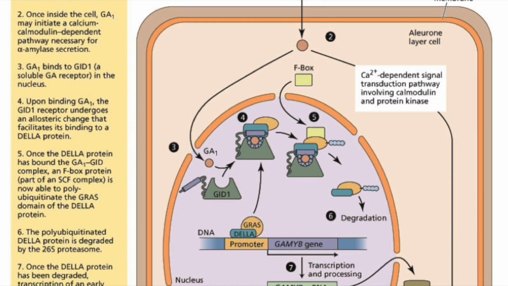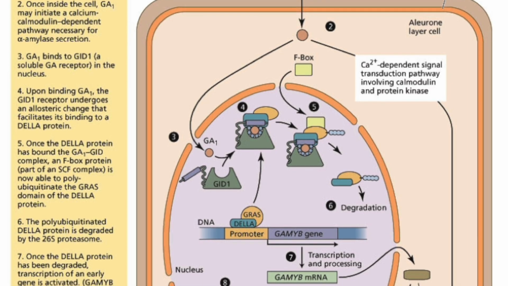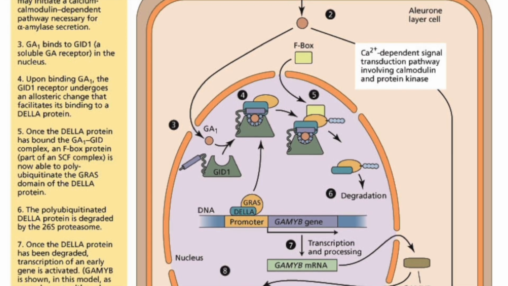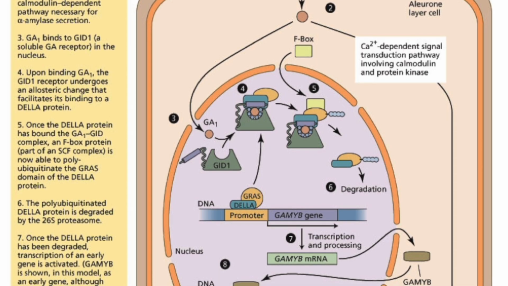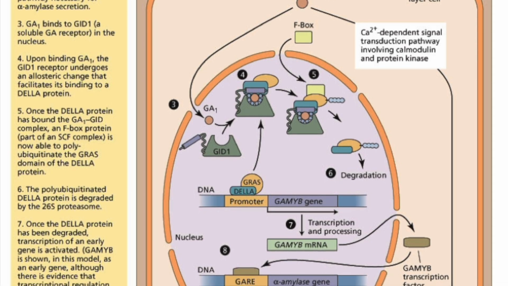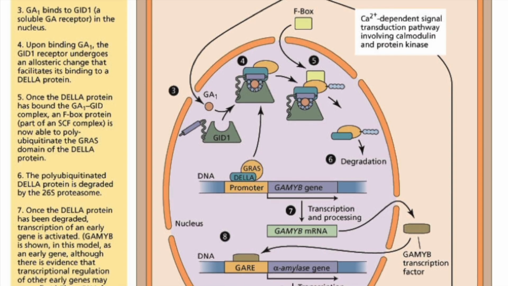GA binds to GID1, which is a soluble GA receptor in the nucleus. 4. Upon binding GA1, the GID1 receptor undergoes an allosteric change that facilitates its binding to a DELLA protein.